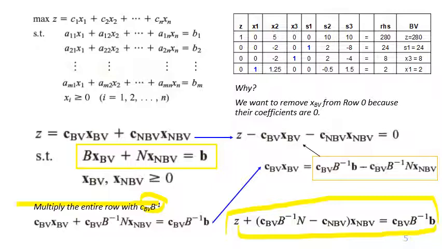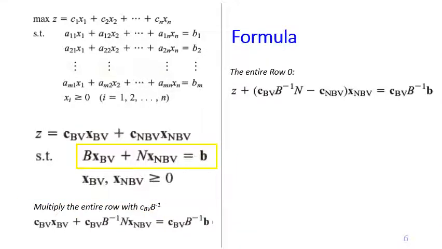Because if you look at the optimal table in the simplex algorithm, the basic variables always have the coefficient 0. So that's why we try to get rid of XBV, such that in our row 0 we only have Z and then all non-basic variables, and this is the right-hand side. So this is the formula to construct the entire row 0.